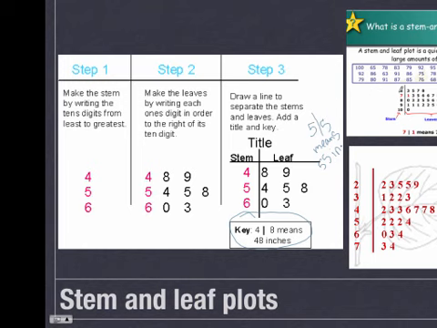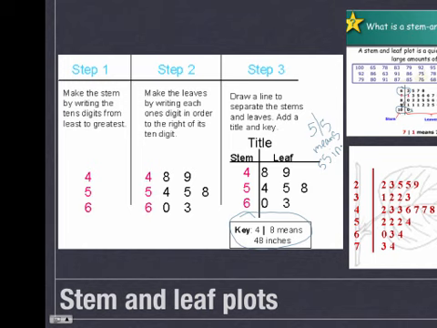Okay, so looking at this stem and leaf plot, here's my data set, and this is how I would set up my stem and my leaves. So all of these represent tens digits, all of these represent my ones digits. So for instance, my lowest score right here is 63, whereas my highest score is 100.